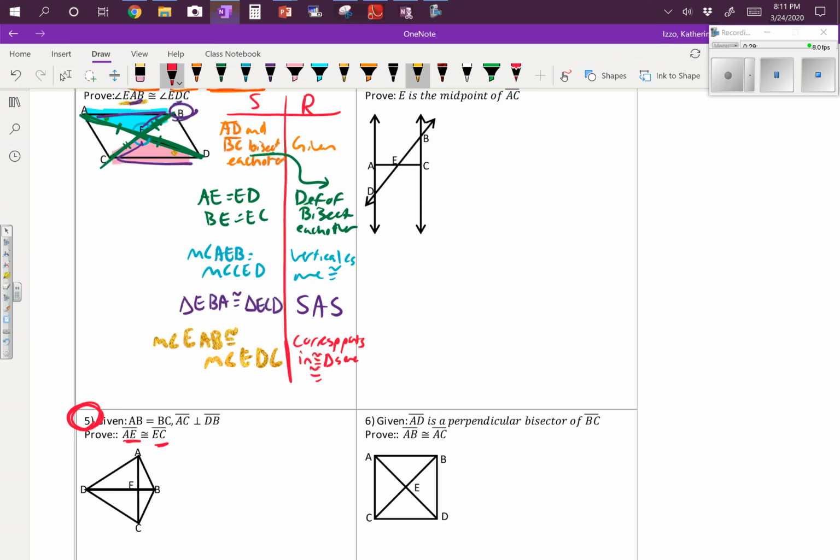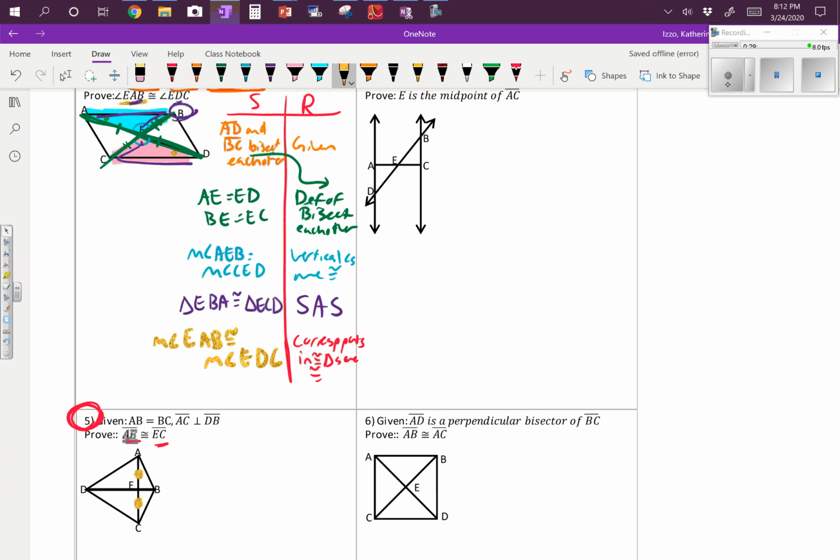Notice I'm bubbling them in, I'm not giving them the same marks. I want to prove that those two lines are the same. Can you prove that those two line segments are the same by proving two of the triangles are the same? Good luck. See what you can do.